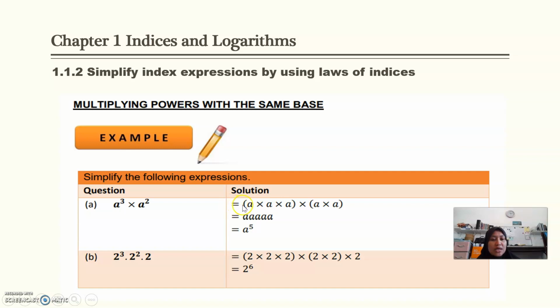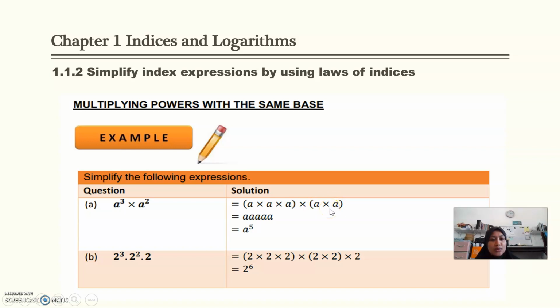So we can also write it like this: A multiplied by A multiplied by A, because the first A is multiplied 3 times, and the second one is multiplied 2 times.